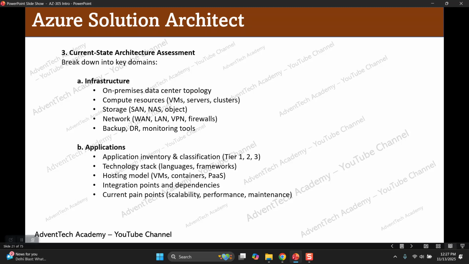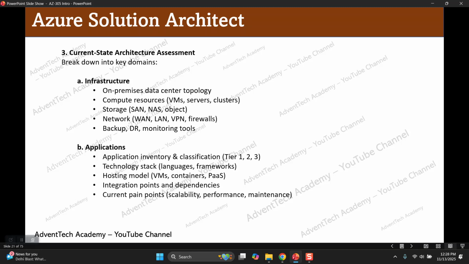So we have to run the assessment regarding the infrastructures like on-premises data center topology, compute resources, VM servers, clusters, and then storage SAN, NAS, object storage, network, WAN, LAN, VPN, firewall, backups, DR, and monitoring. These will be covered in the infrastructures.